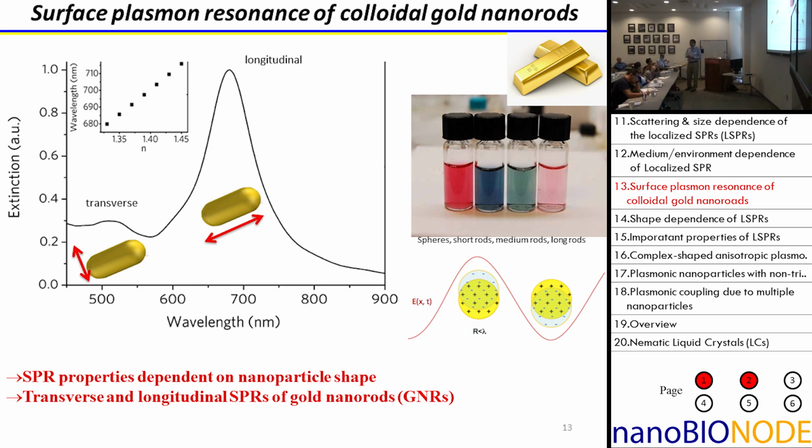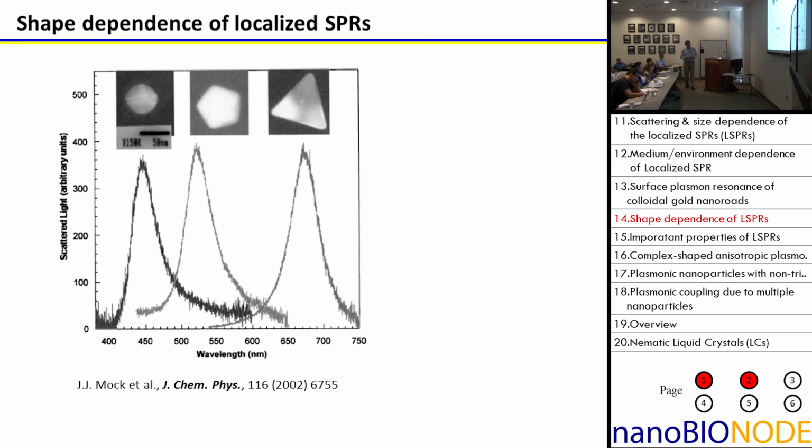Although individual nanoparticles have those interesting polarization-dependent properties, the dispersion does not. And we will see a little bit later interesting types of dispersions in liquid crystals where this would not be the case, where we can have polarization-dependent properties as well.